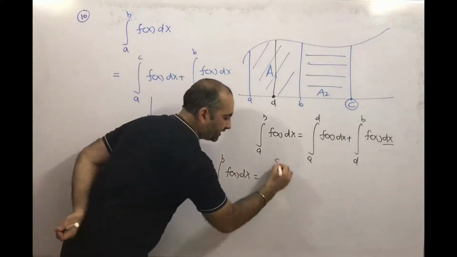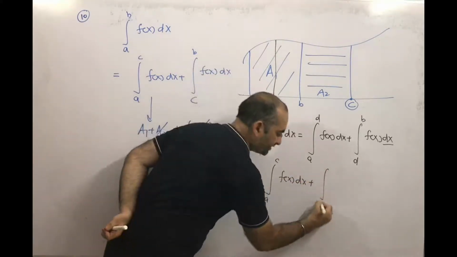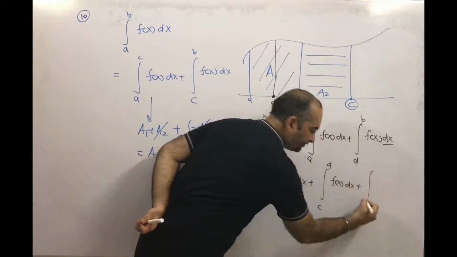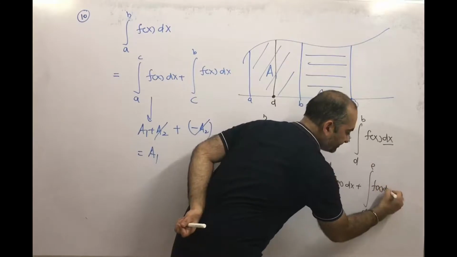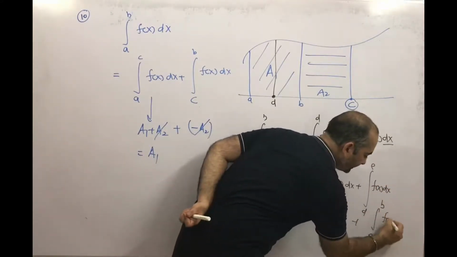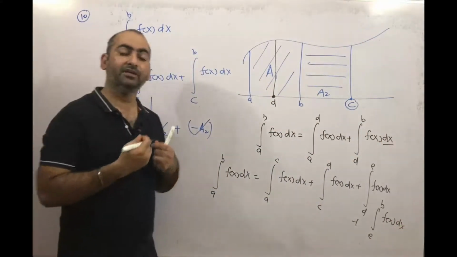So integration a to b f(x) dx we can separate like this: integration a to c f(x) dx plus integration c to d f(x) dx plus integration d to e f(x) dx plus integration e to b f(x) dx. You can separate as many times as you want.